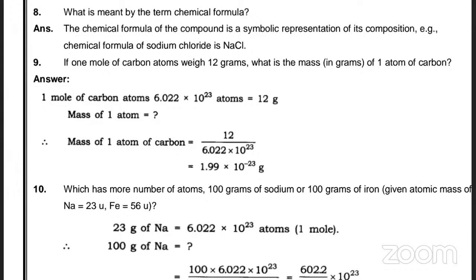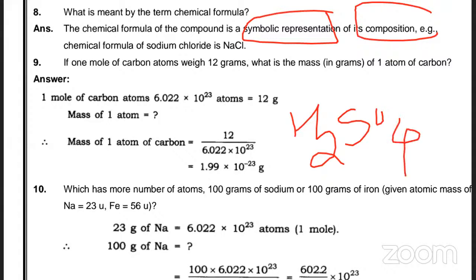Okay, next one is what is meant by the term chemical formula. We write like HCl, NaCl. These are the chemical formulas. So the chemical formula of a compound is a symbolic representation of its composition. Very important. Means if I'm saying hydrogen sulfate, there will be 3 constituents: hydrogen, sulfur, and oxygen.